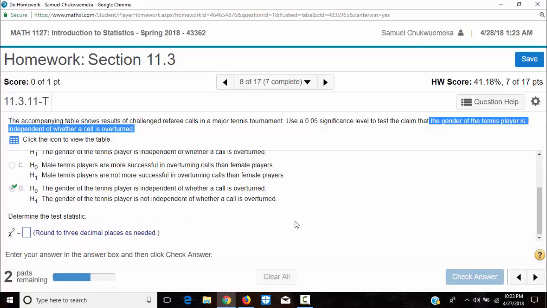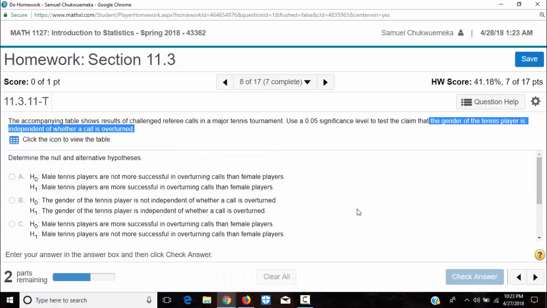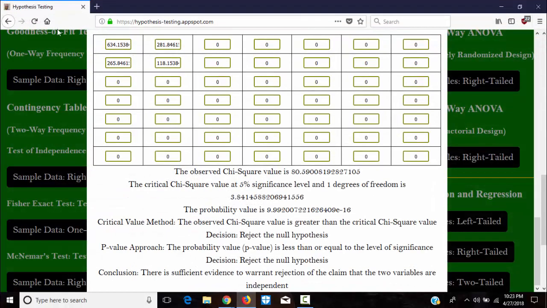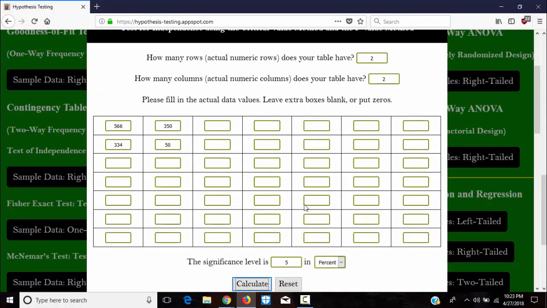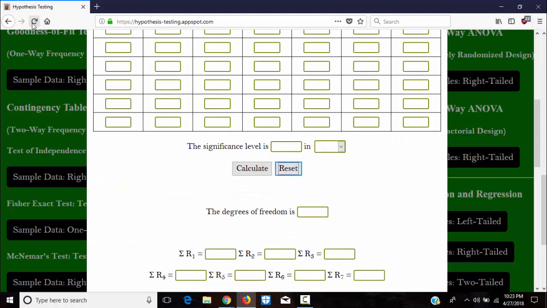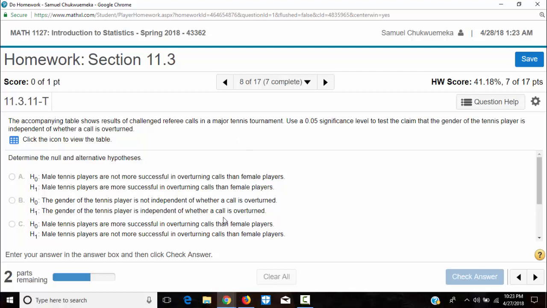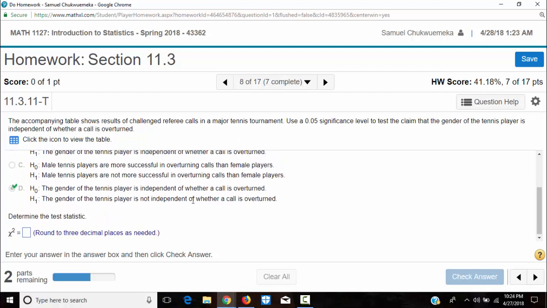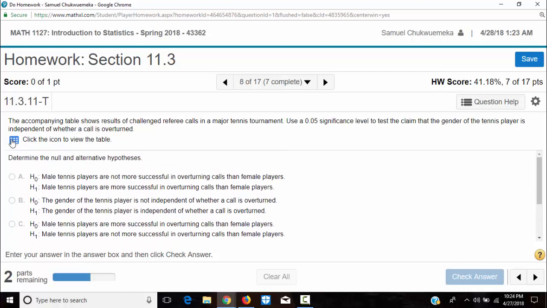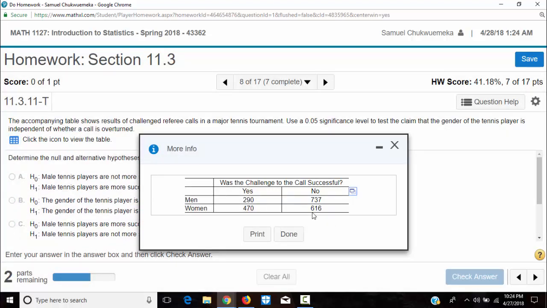Determine the test statistic. So reset and refresh. Test statistic to 3 decimal places. Now we click on this icon to view the table.